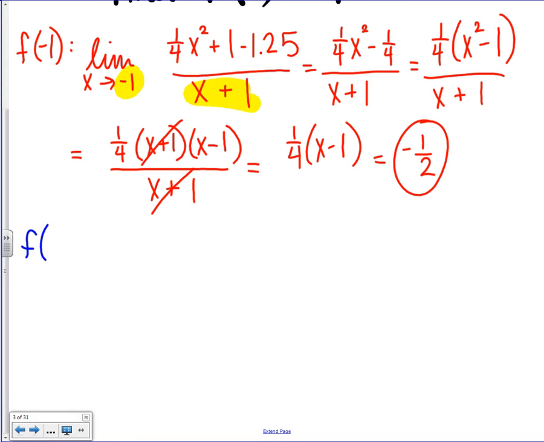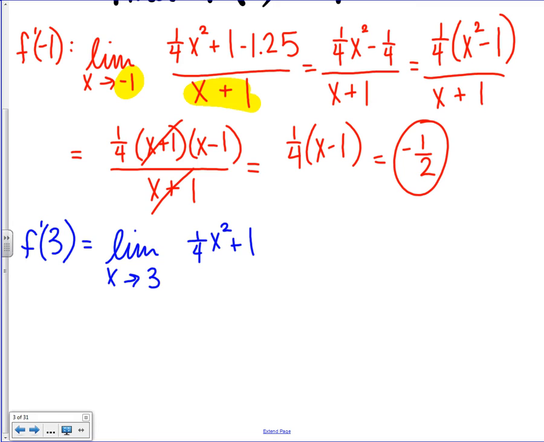I wanted you to find f prime of 3. Oops, I kind of forgot my prime symbol up here. Sorry about that, guys. That means the derivative. So here we go. The limit as x approaches a of f of x minus f of a.